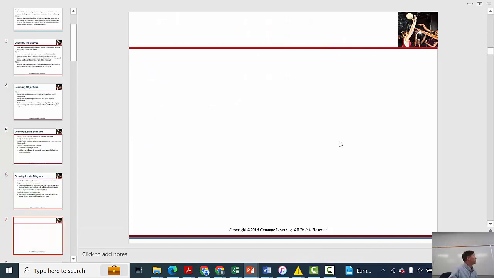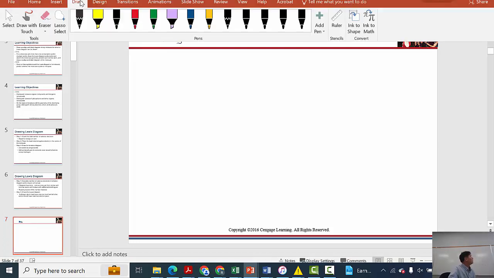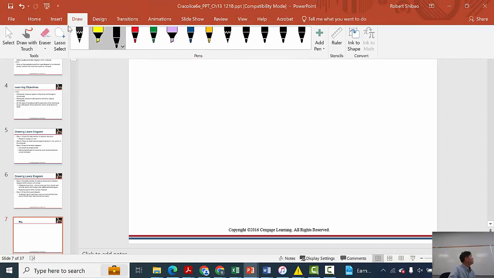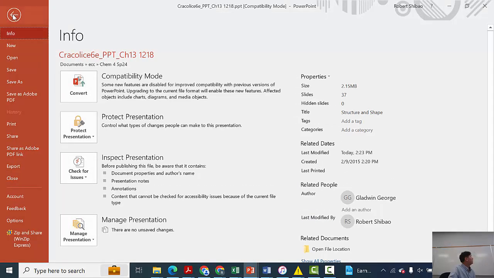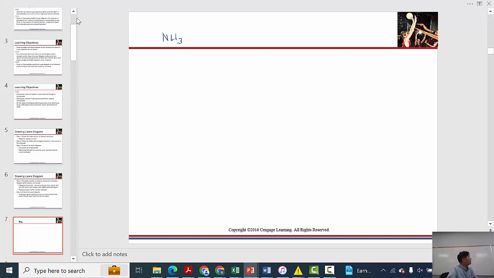The first structure that we want to do is NH3. Step one in drawing out Lewis structures is to total up the valence electrons. Sometimes we could skip this if you have some other ways of doing this, but if you don't, then just go ahead and do it this way.